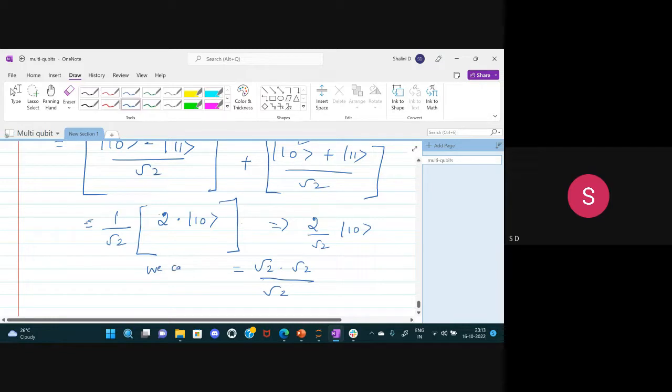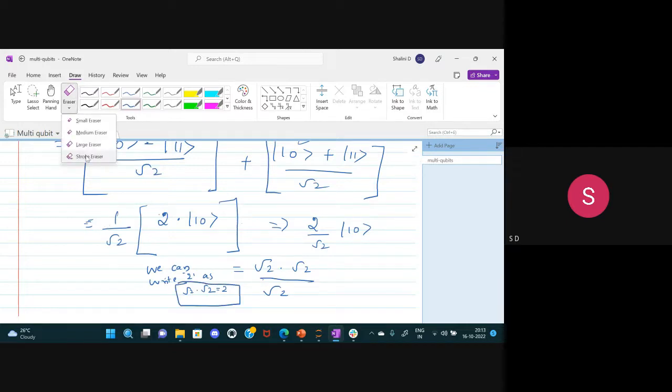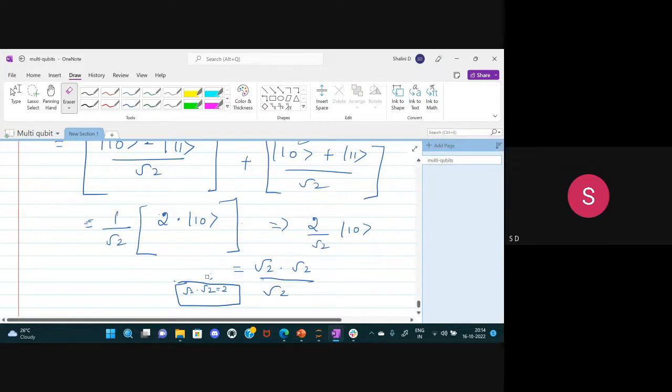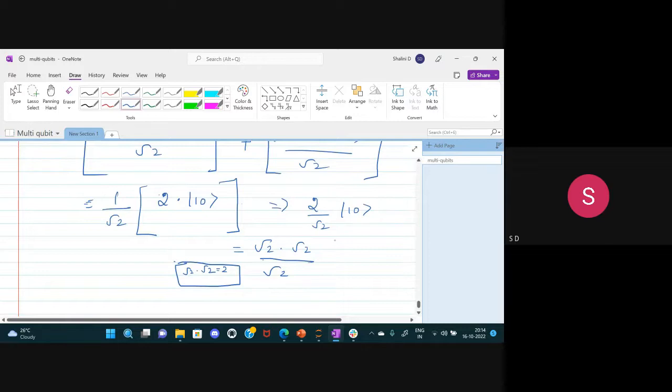We can write 2 as root 2 into root 2. Root 2 into root 2 is equal to 2. We are applying this condition. And then we have 1 0 here. So this and this are cancelled. So we get root 2 into 1 0.